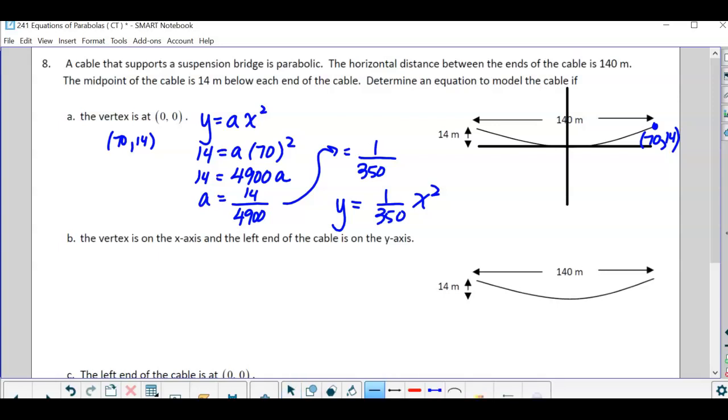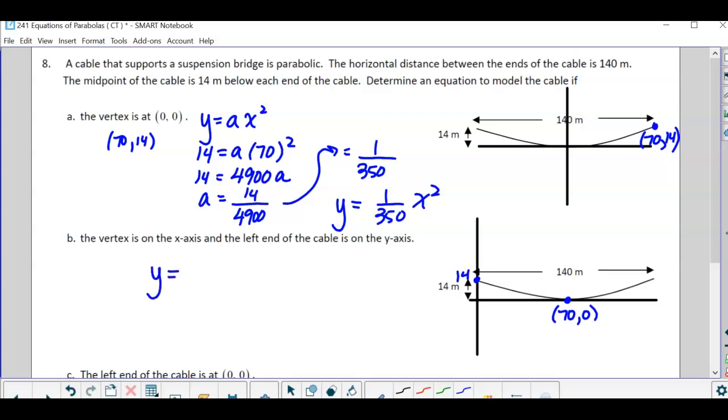So now the vertex has an x value of 70, a y value of 0, and this is 14 there. Same shape, nothing's changed.